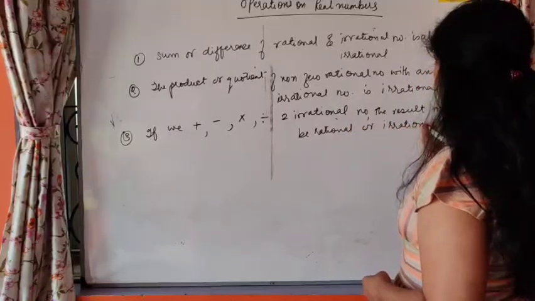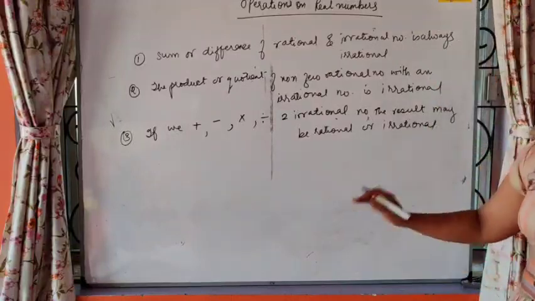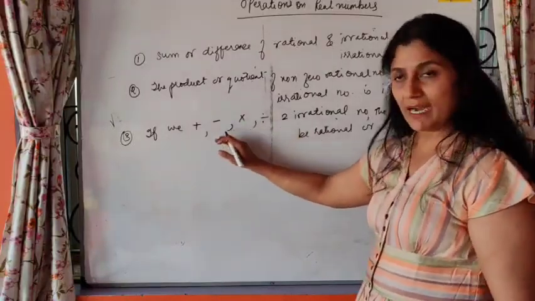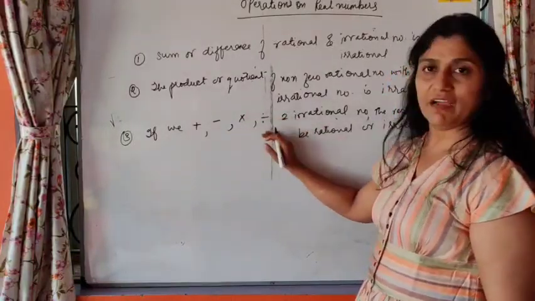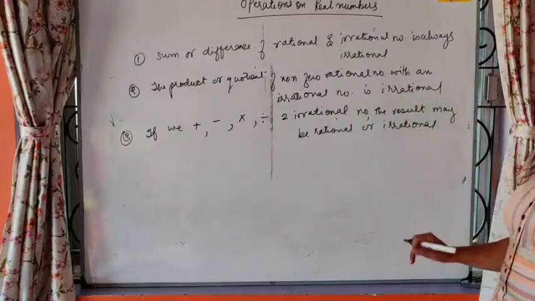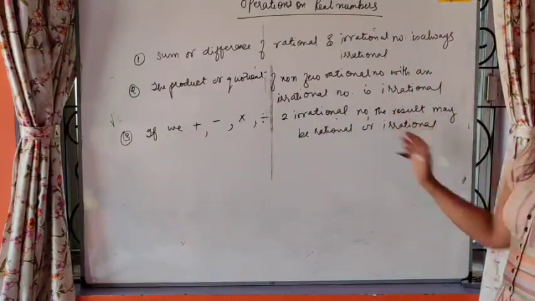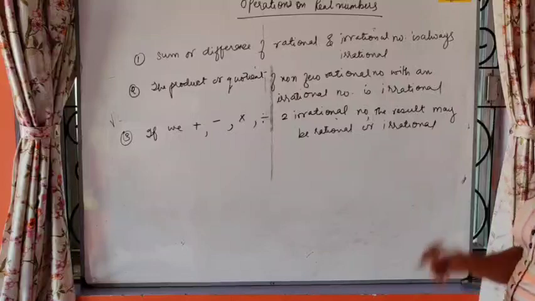Now how can we say this? If we add, subtract, multiply or divide two irrational numbers, the result may be rational or irrational.